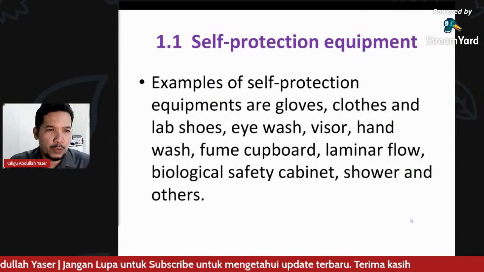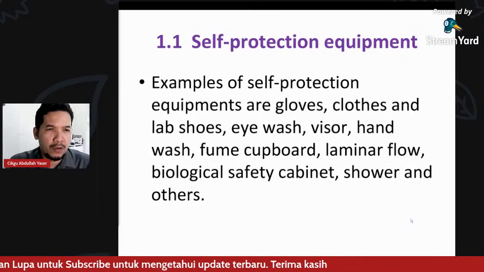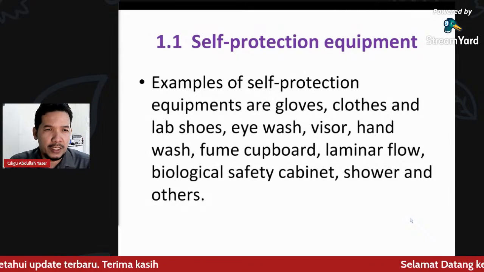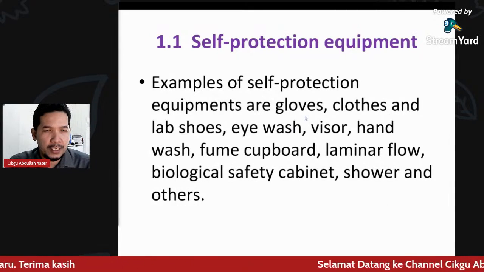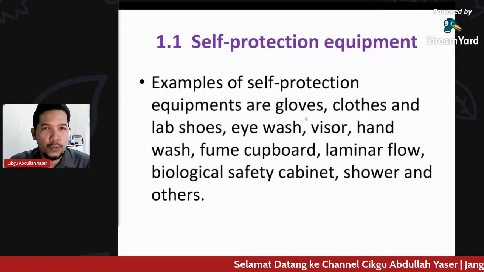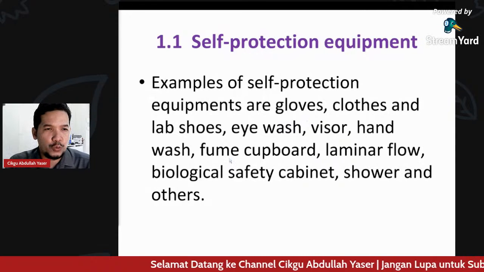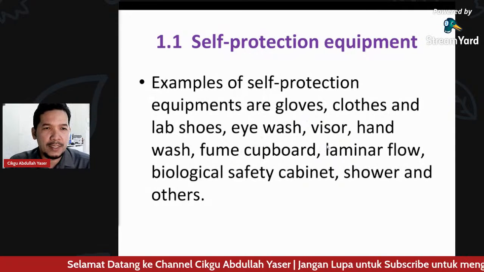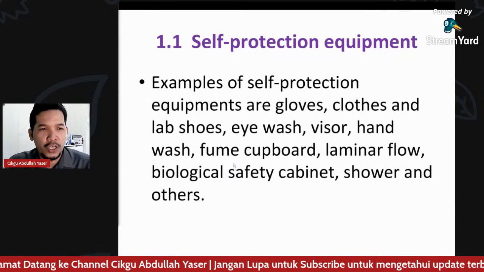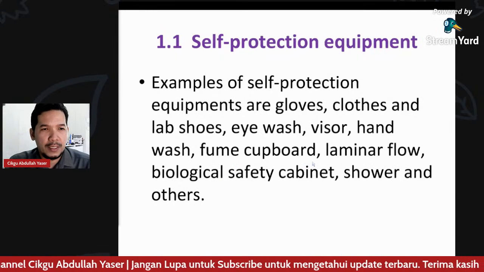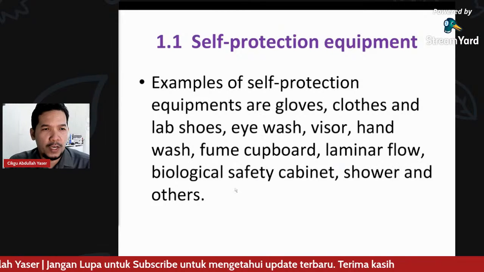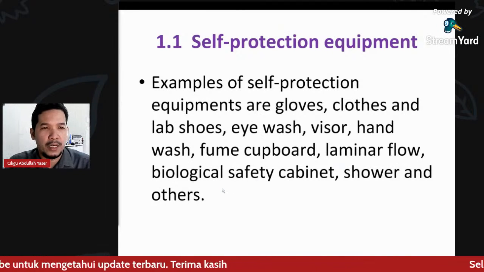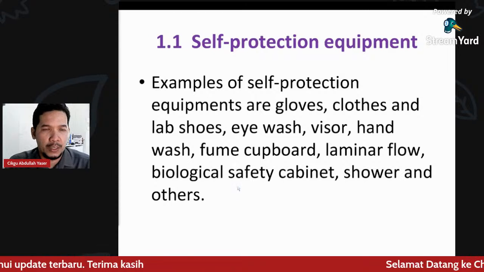Examples of self-protection equipment that I mentioned earlier are also mentioned here, such as gloves, clothes, lab shoes, eye wash, visor, hand wash, fume cupboard, laminar flow, and also we have a shower and other equipment.